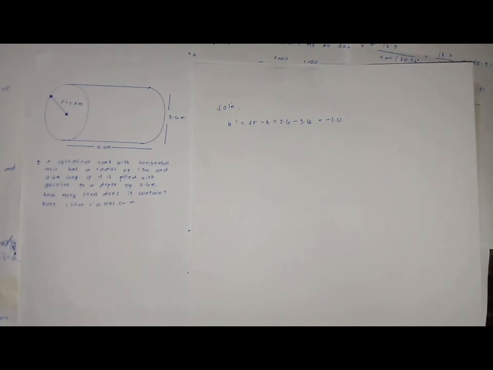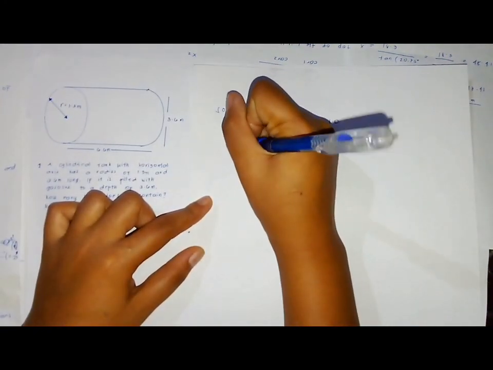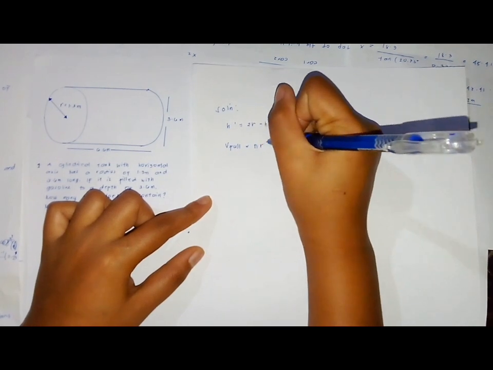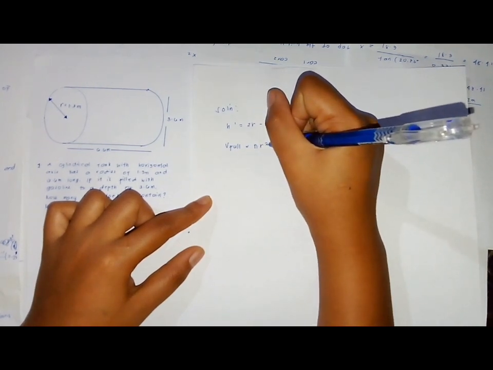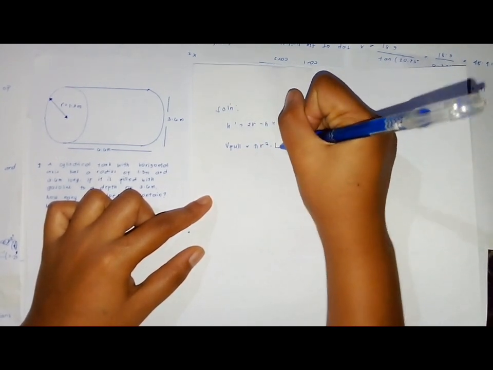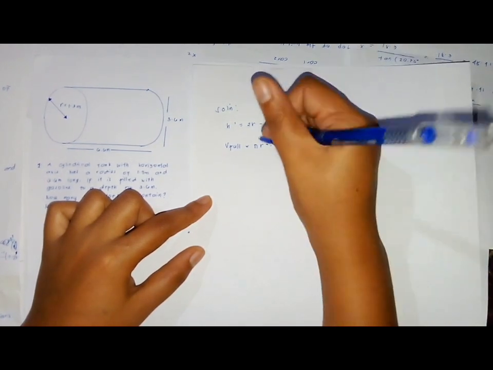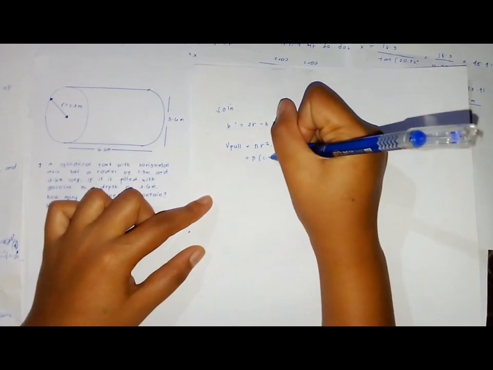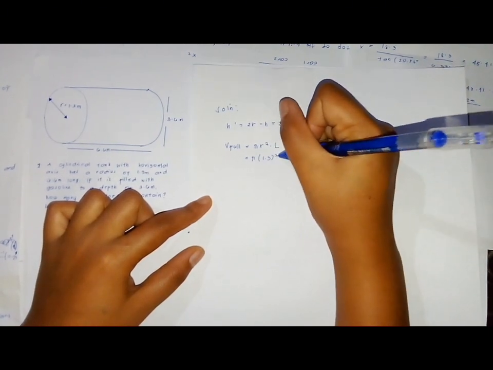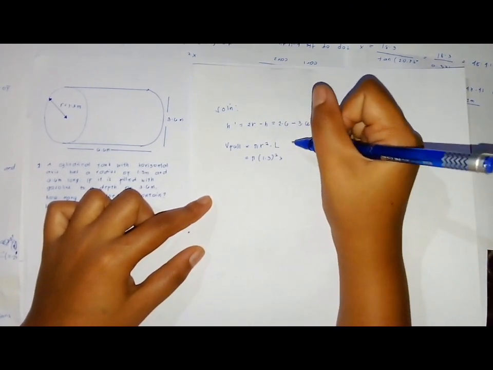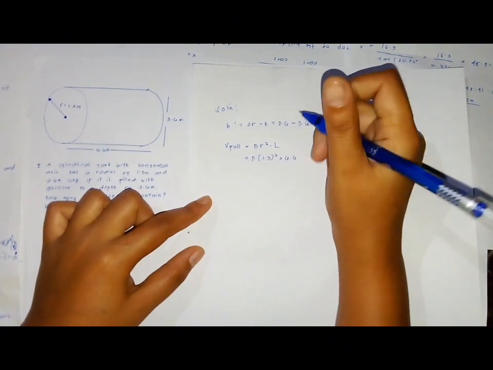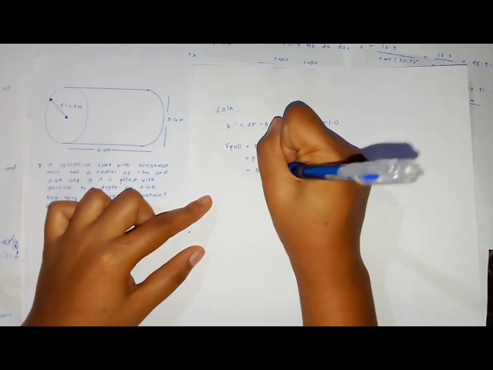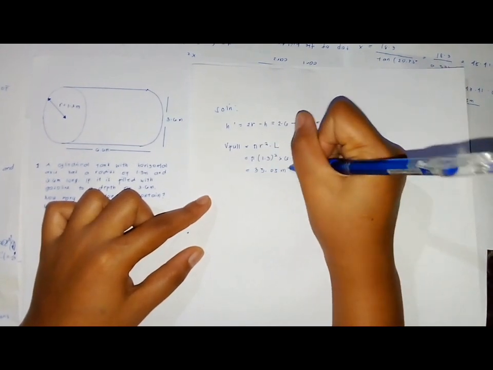So for the full tank volume, V sub full is equal to pi r squared times length. So pi times 1.3 squared times 6.6 is equal to 35.05 cubic meters.